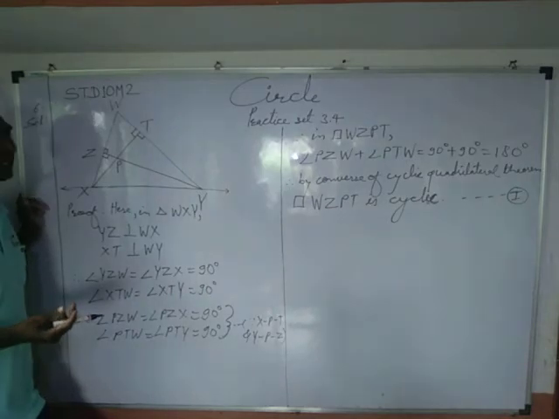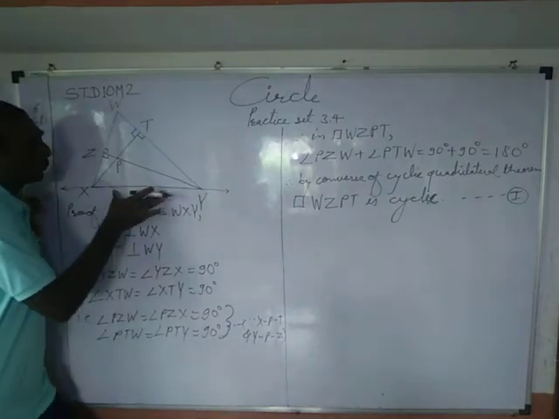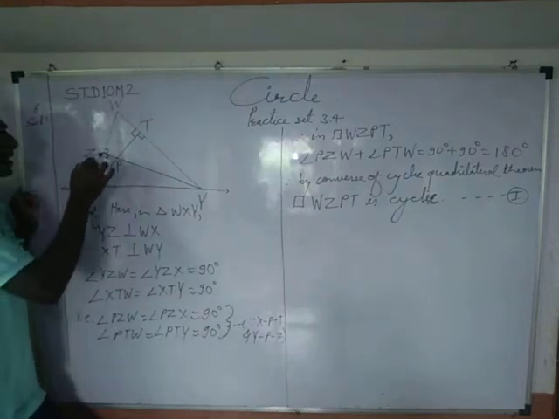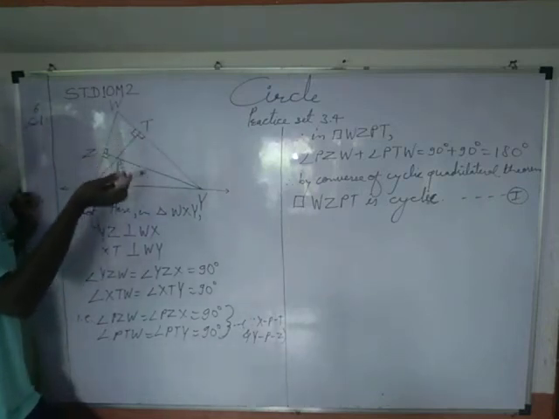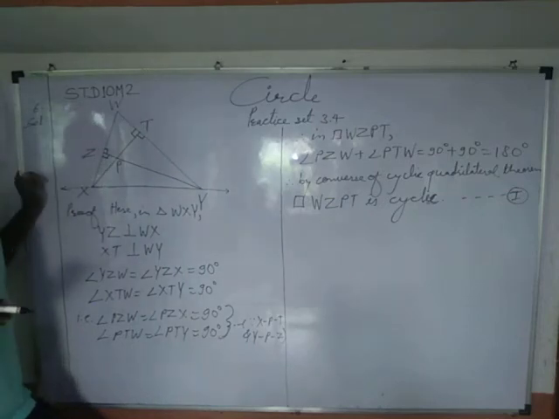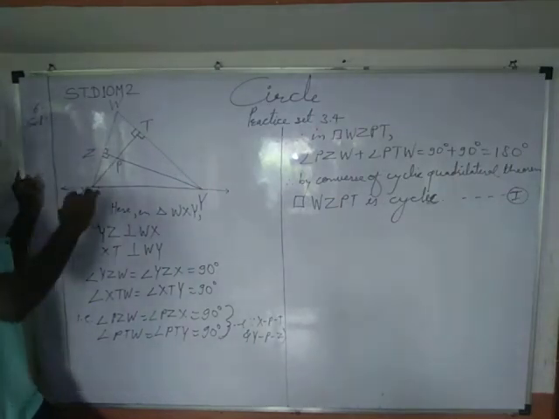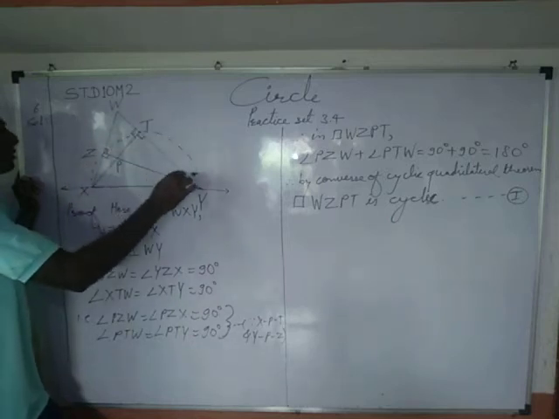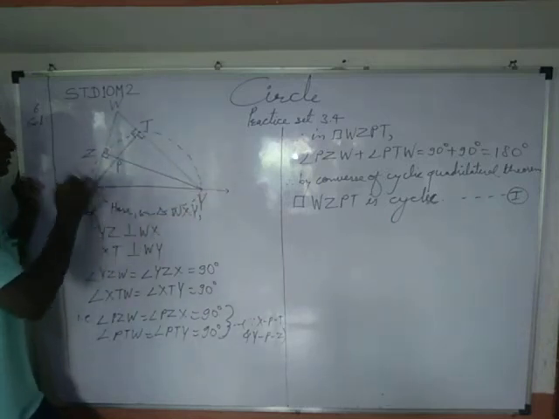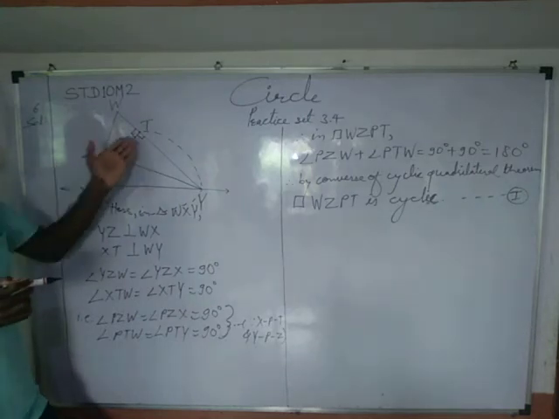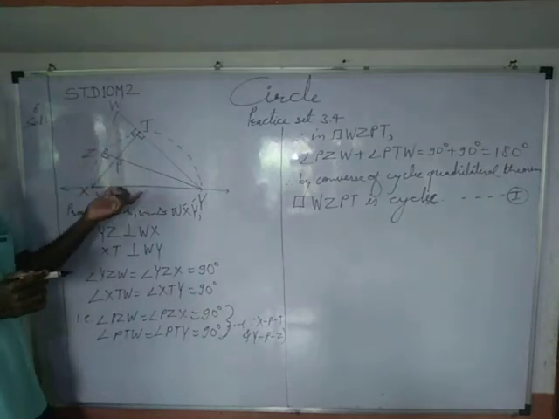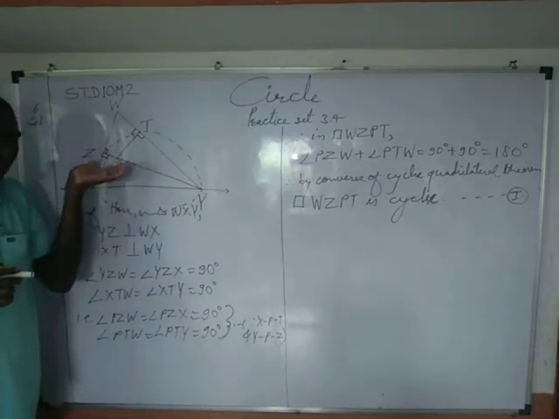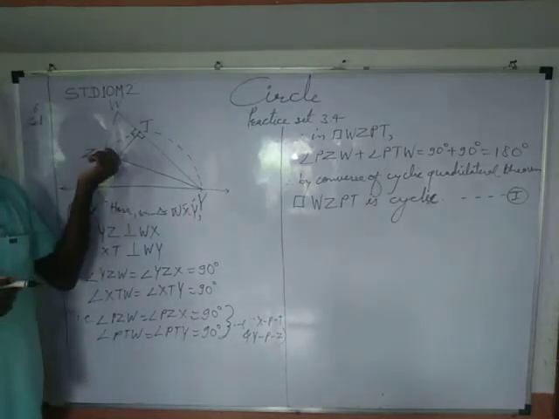And we learned that if 2 points on a line subtend equal angles at 2 distinct points on the same side of the line, then the 4 points are concyclic. Means we may declare like this. Here these 2 angles are congruent, subtended by segment XY on the same side of XY, and therefore we can declare.